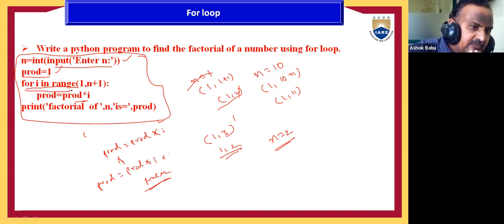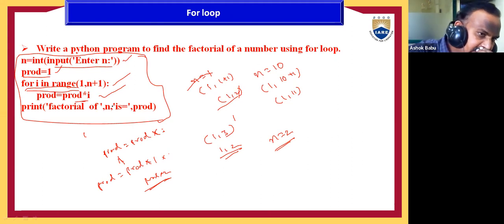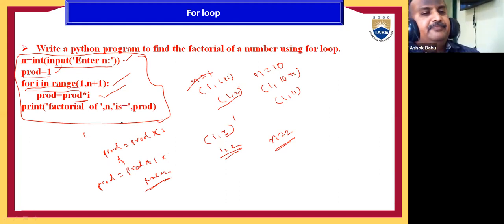For i in range 1 to n plus 1, product equal to product into i. Just completed. Learn the program.